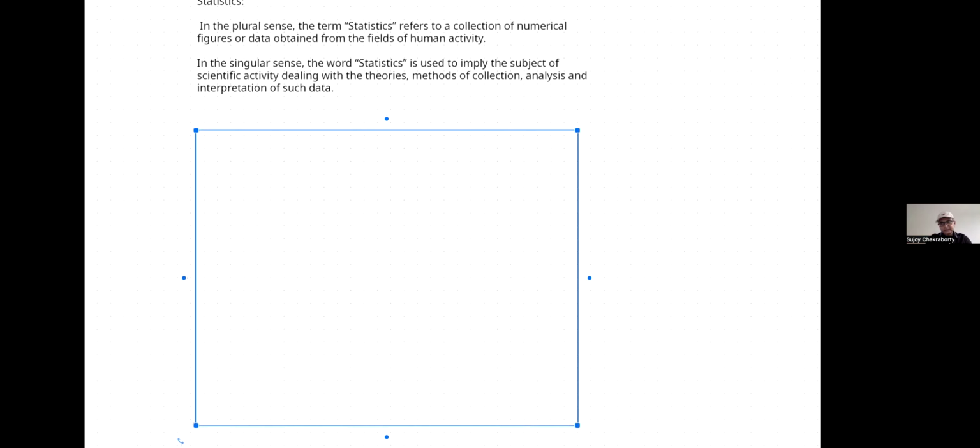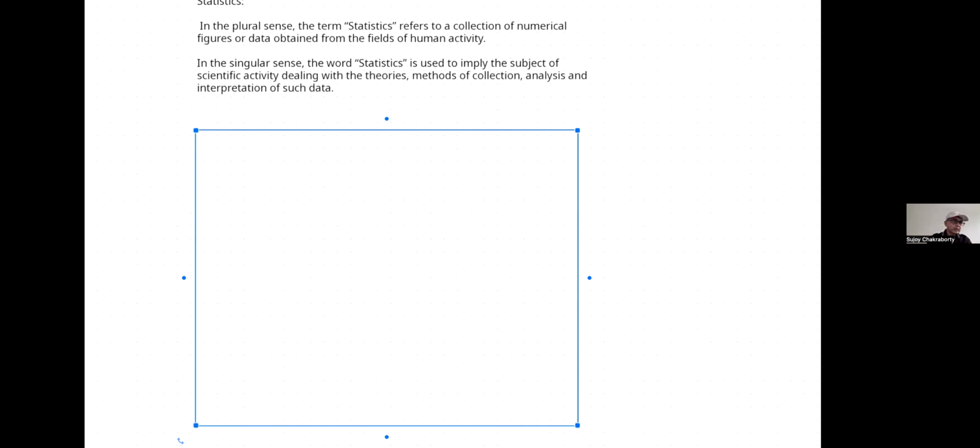And the next limitation is that statistical data must be uniform. That means the underlying causes or the environment or the scenario under which we are collecting information on the given subject should not change, right?